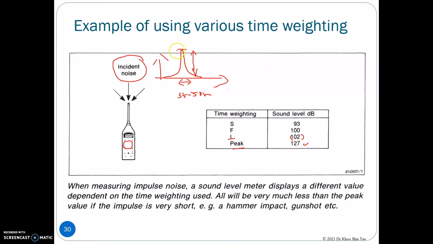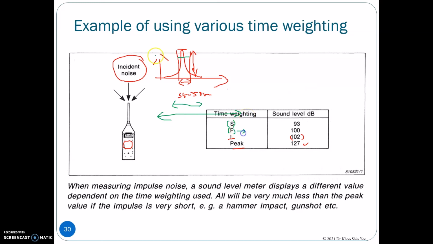This is because we are computing the RMS value within this time interval, and we are taking the average for the RMS value. So if you choose the fast and the slow time interval, we know that the fast mode has a shorter time interval compared to the slow mode, which has a longer time interval.